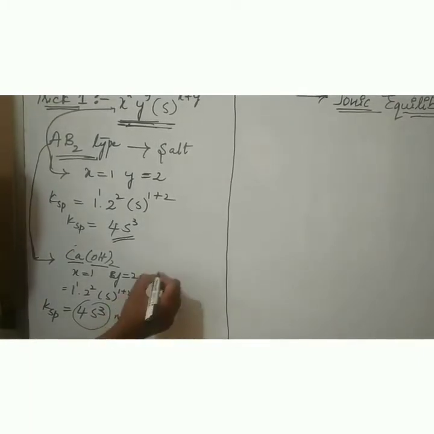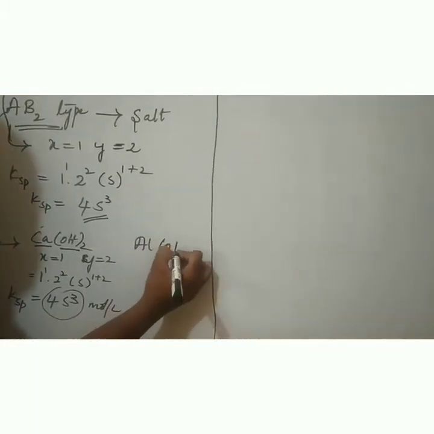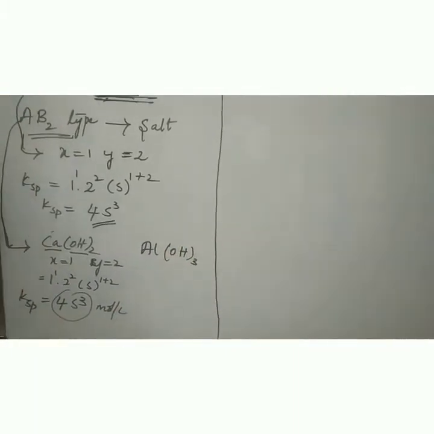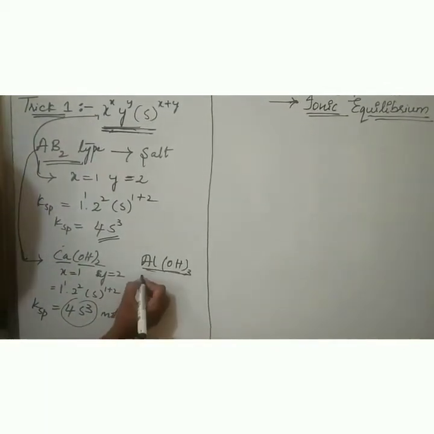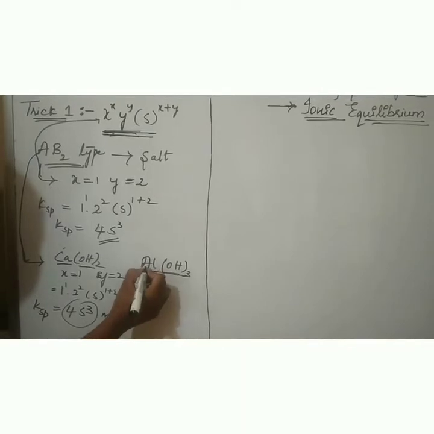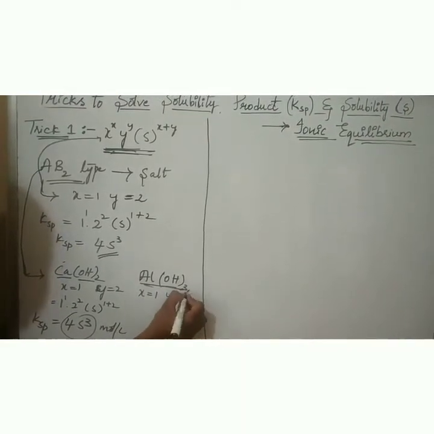Now showing another example, Al(OH)3. Then x is equal to 1. This is the x and this is the y. Y is equal to how many? 3 is given.